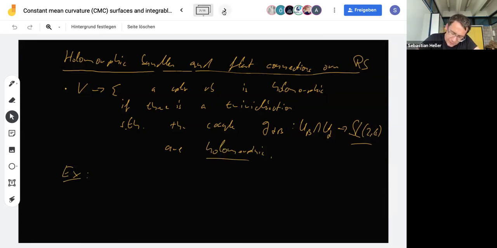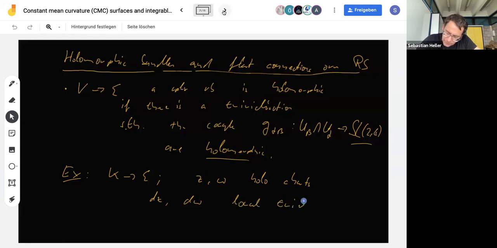And the basic example we already discussed yesterday was that of the canonical bundle of the Riemann surface. So locally, we have maybe two different z and w holomorphic charts, and then dz and dw give us local trivializations of the canonical bundle over sigma.